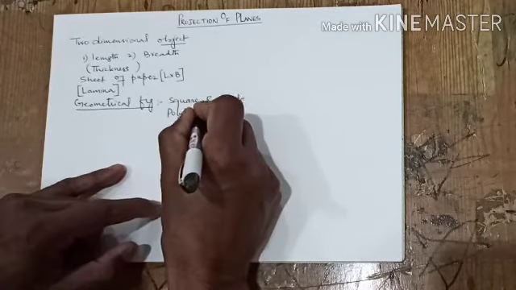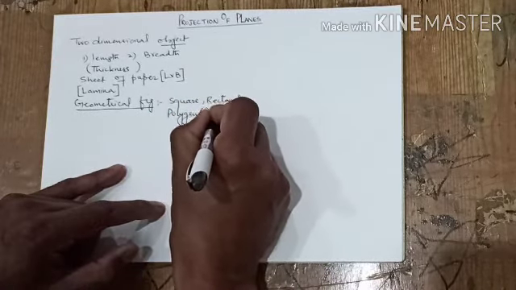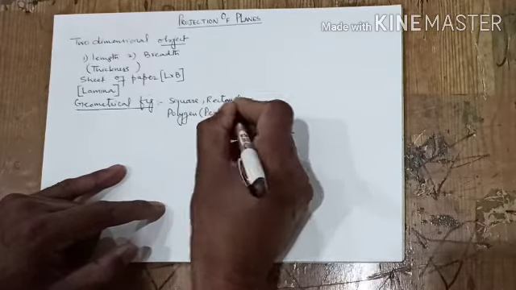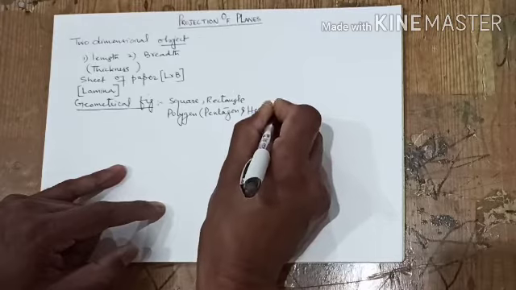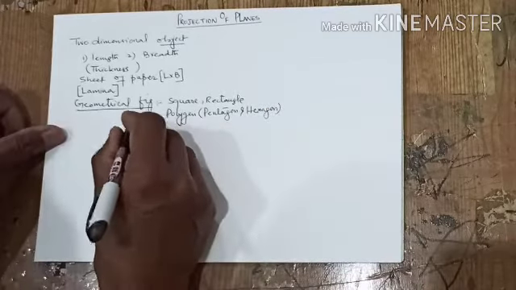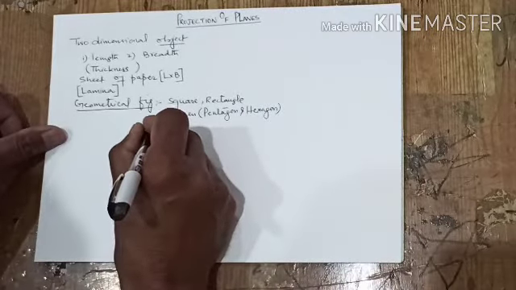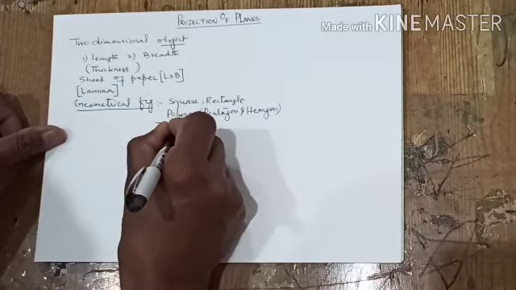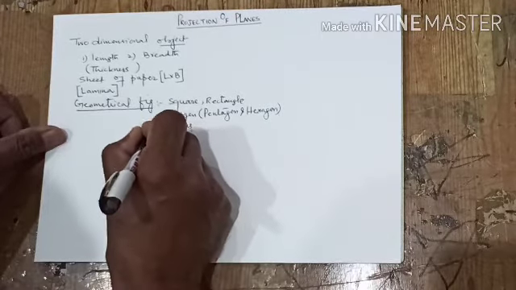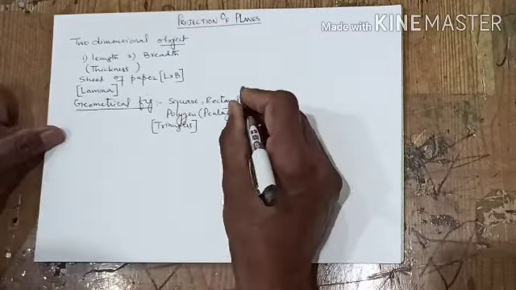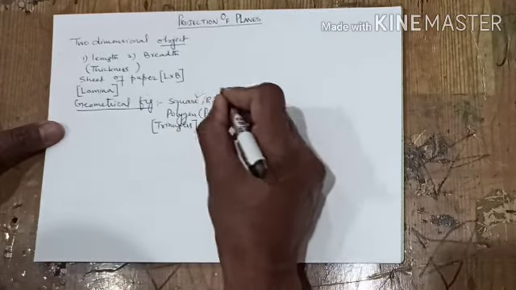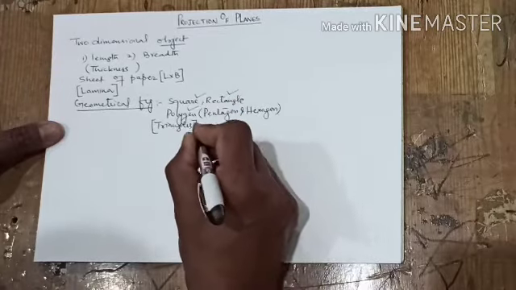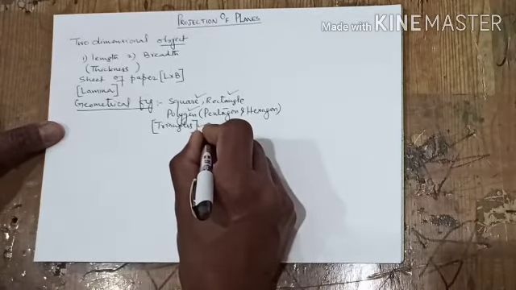When I say polygons, I mean pentagon and hexagon, and also triangles, various types of triangles. These are the various figures whose projections we will make in future classes. Fine, students.